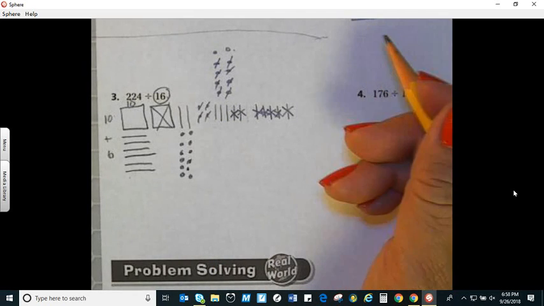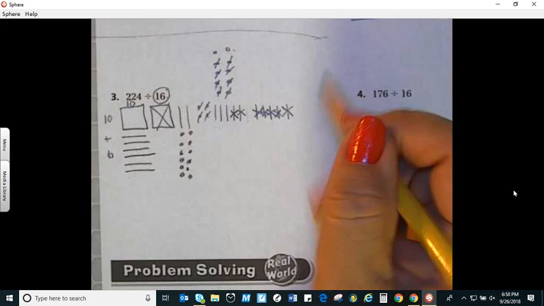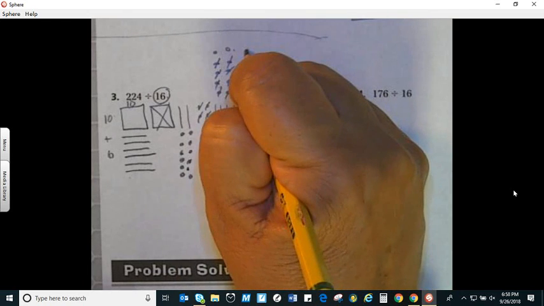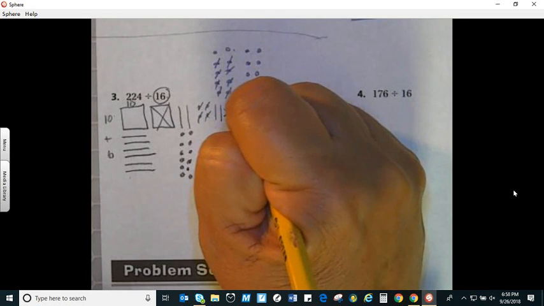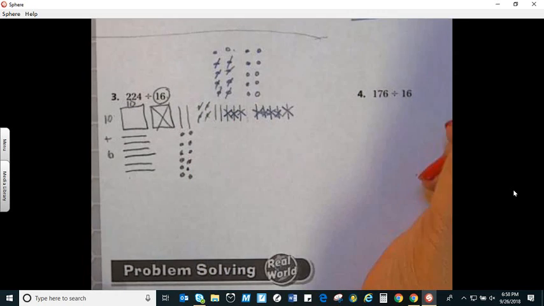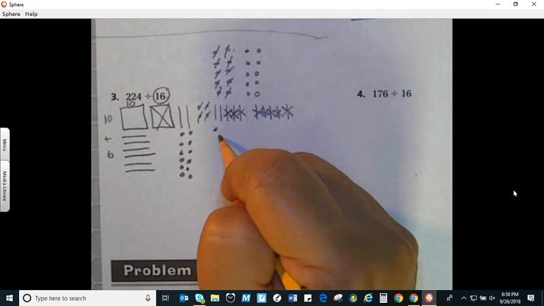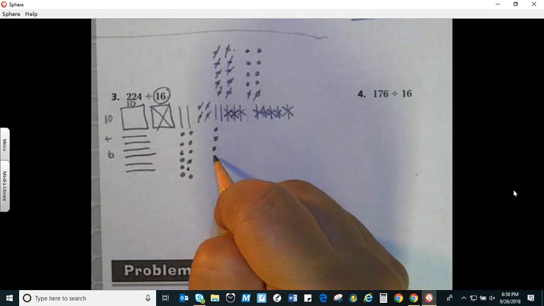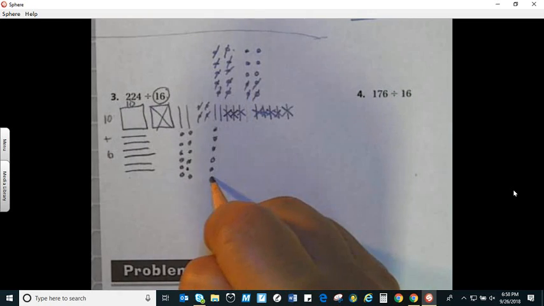So I need to cash in another rod for some singles. So I'm going to cross this out, and I'm going to add another 10, 1, 2, 3, 4, 5, 6, 7, 8, 9, and 10. Now, I'm going to add it to this one here. So this is 1, 2, 3, 4, 5, 6.